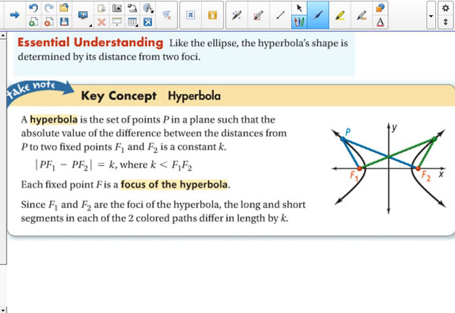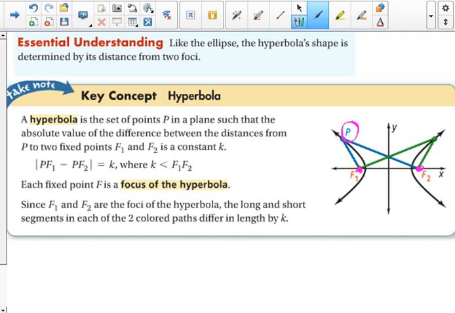So here's the essential understanding: like the ellipse, the hyperbola shape is determined by its distance from 2 foci. So when we get F1, there's our first focus point, and our second focus point right there, F2. So it says a hyperbola is a set of points P in a plane, there's our P, such that the absolute value, so when we talk about absolute value, we're just talking about the distance.